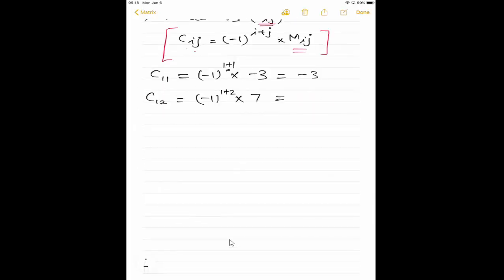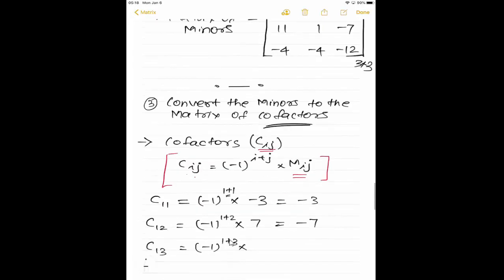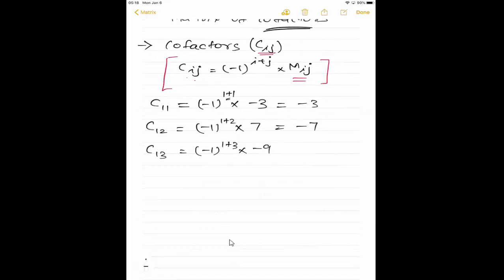The final value will be minus 1 into 7, minus 7. Then first row third column, minus 1 power 1 plus 3 into its value, minus 9. Minus 1 power 4 is a positive value. 1 into minus 9, minus 9.